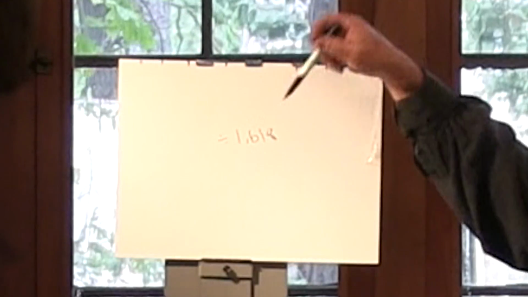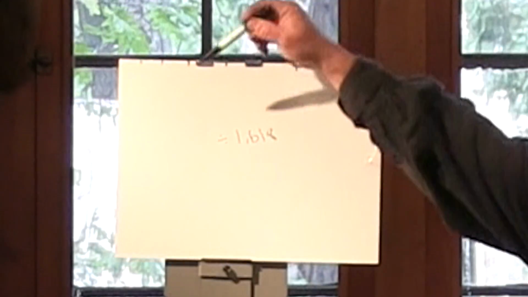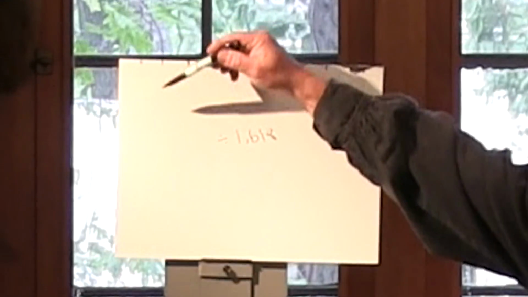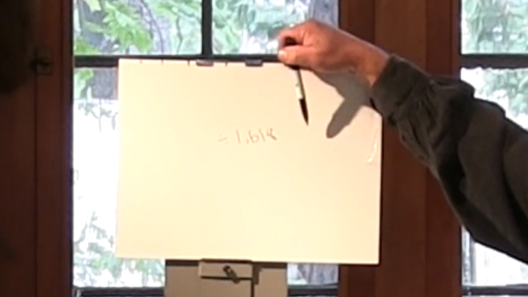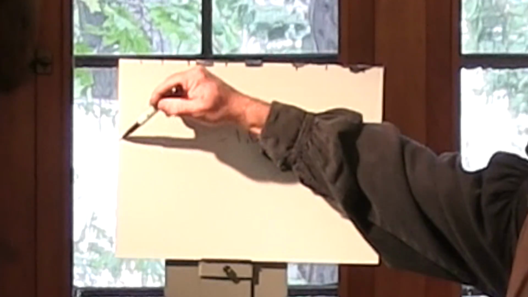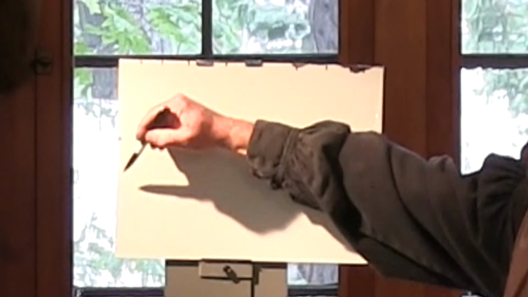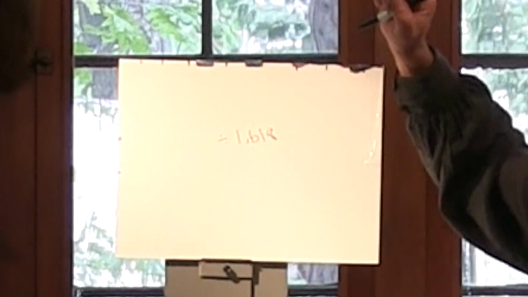Then you take the height of your canvas, divide 12, in this case, by 1.618, and you get that measurement there. Then you take what's left over, divide that by 1.618, and you get this measurement here.